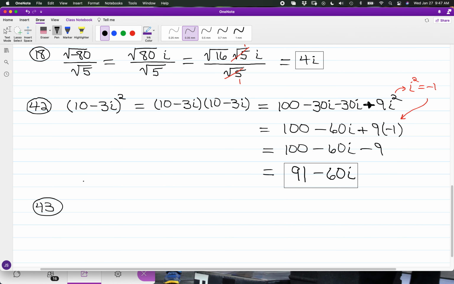For the case of, let's see, not number 43, number 50. Now this is going to be a case of what we refer to as complex conjugates. I'm going to discuss that in just a moment.